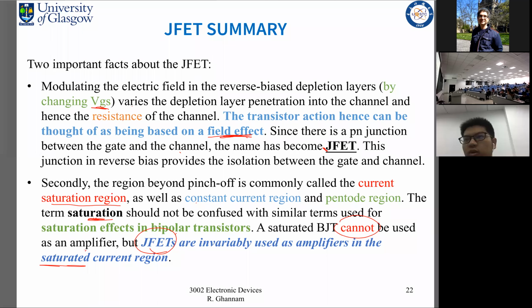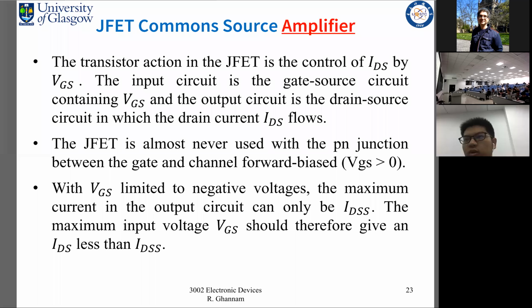So just be careful with the term saturated. You will also come across the term saturation region for the MOSFET. So for a MOSFET, a BJT and a JFET, just be careful that you understand the differences between these three regions because they are different for those three types of transistors.